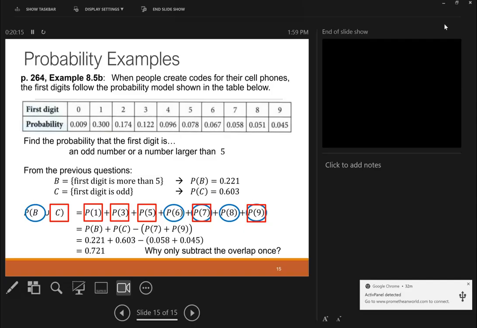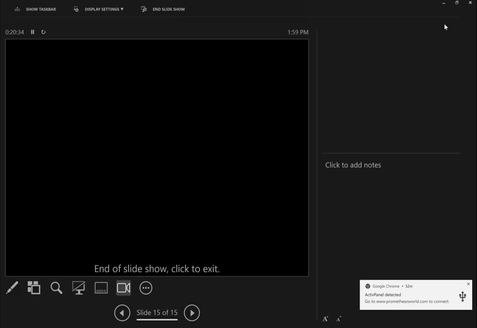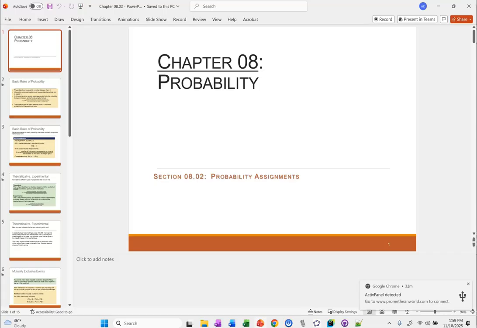In fact, that becomes the formula for the probability of overlapping events: the probability of event A plus the probability of event B minus the probability of the intersection of events A and B. Okay. Everybody cool?